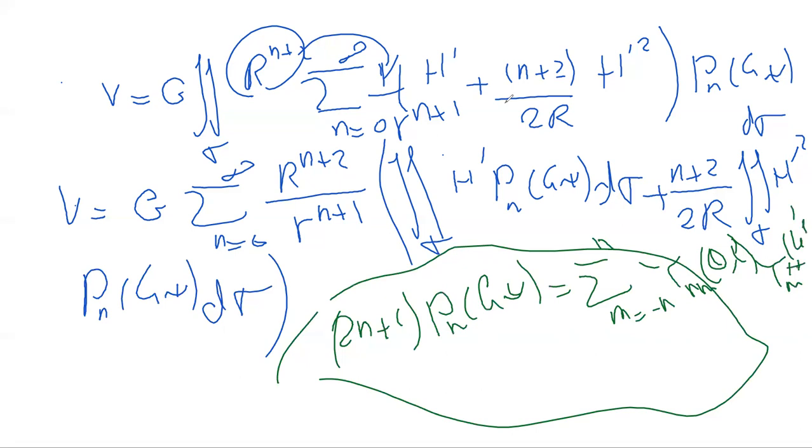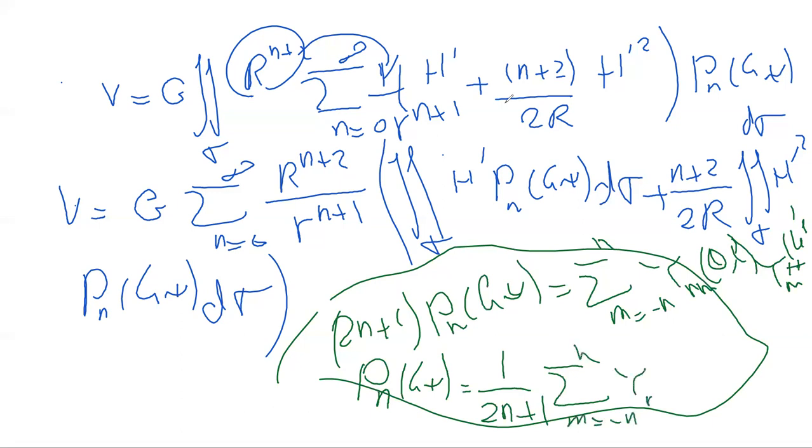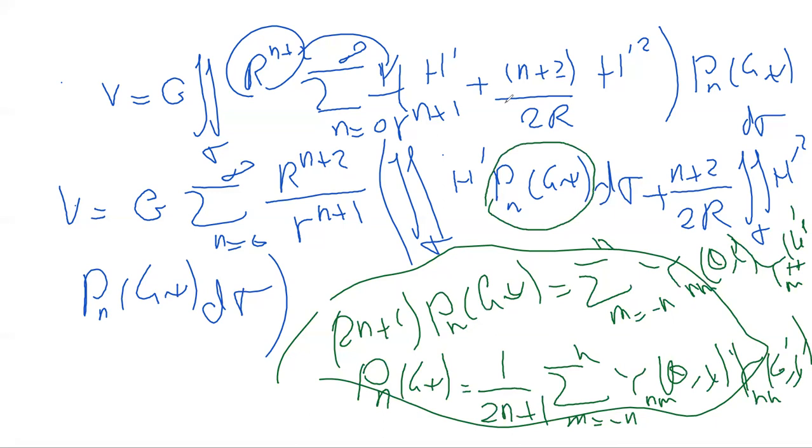So, and I can write P_n cosine psi is 1 over (2n plus 1) summation Y_nm theta lambda Y_nm theta prime lambda prime. So, if I insert this here, I can simplify this integral further.